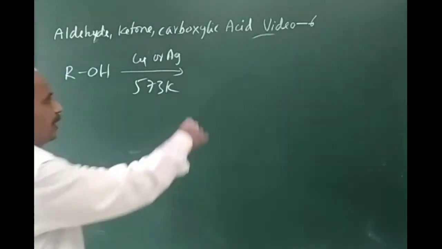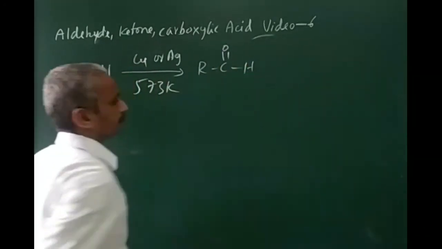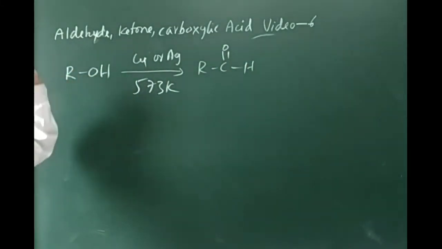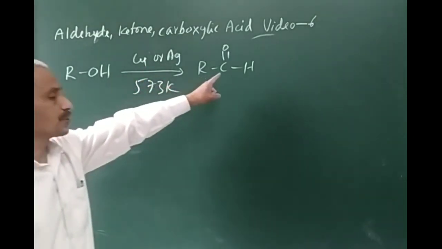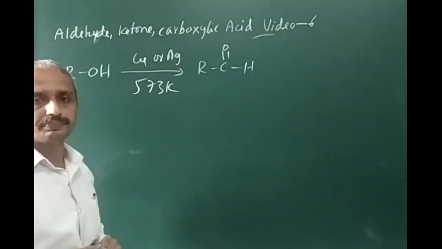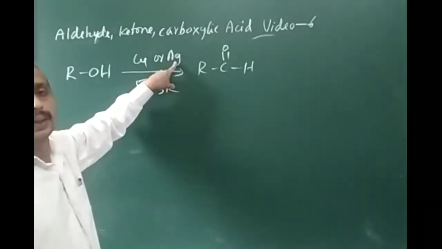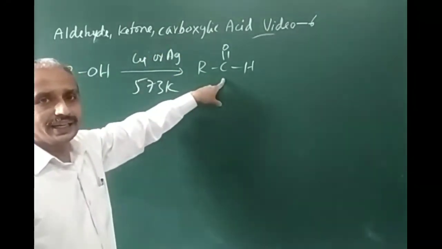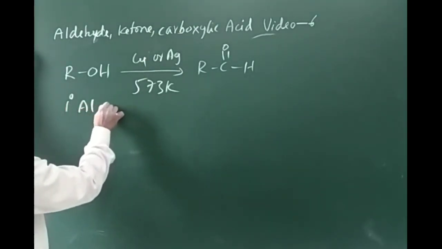I am going to get RCHO. Oxidation of alcohol takes place and gives aldehyde. Please remember, when you use the copper or the silver, reaction ends with aldehyde stage if I take primary alcohol.